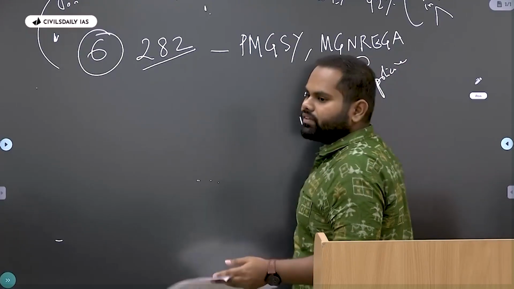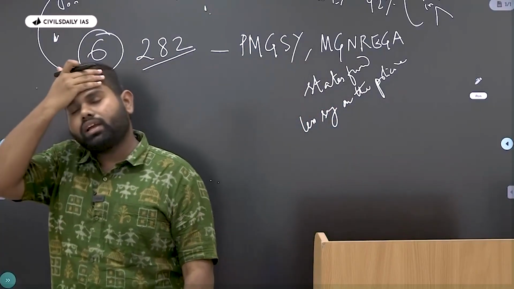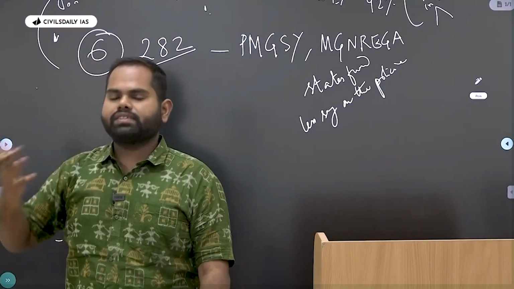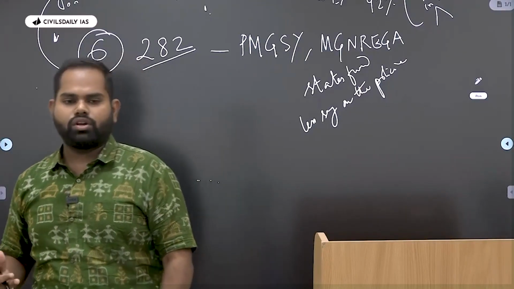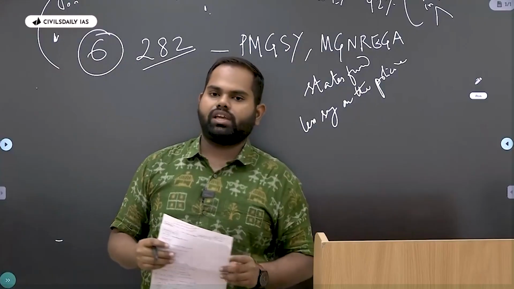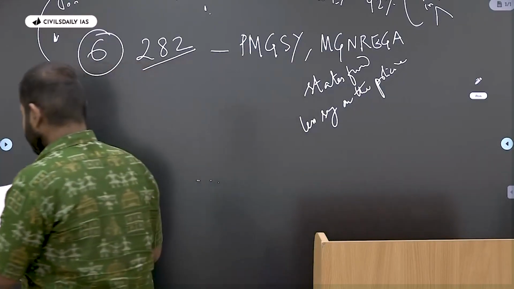These are mostly center-driven policies, but the states have to fund them as well. A similar thing was there for the Fasal Bima Yojana as well, and that is why a lot of states discontinued it, because it became financially unviable for the states to continue.